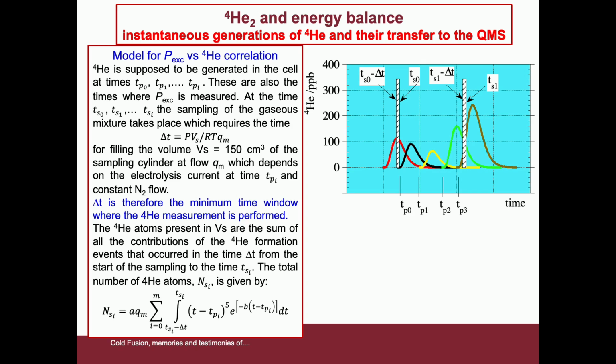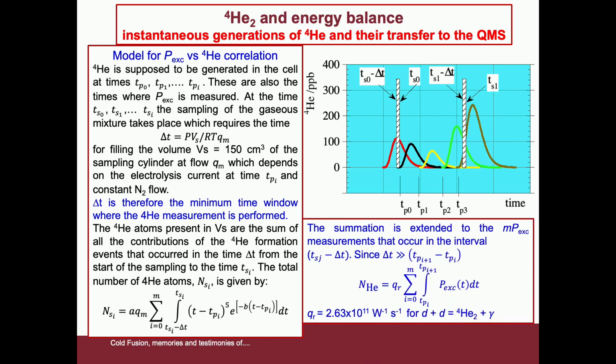The time required for sampling is given by this equation, which essentially depends on the volume of the sampling cylinder, which is 150 cubic centimeters, and on the flow of the carrier, which is nitrogen, which transfers the gaseous mixture leaving the cell to the mass spectrometer. The nitrogen flow is constant.